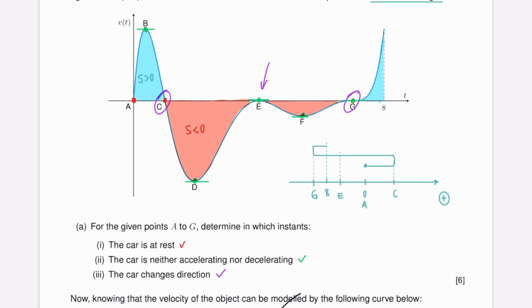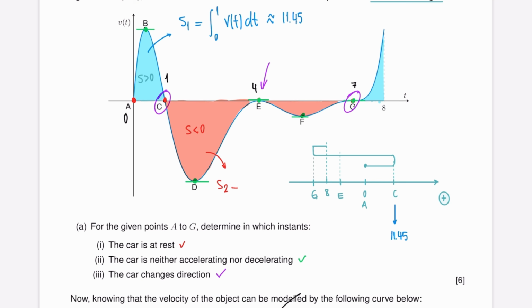So points A, C, E, and G are respectively 0, 1, 4, and 7. If you want to find this area number 1, or displacement number 1, you just need to integrate v of t from 0 to 1, which gives you 11.45. So point C is at precisely 11.45 meters from the origin.